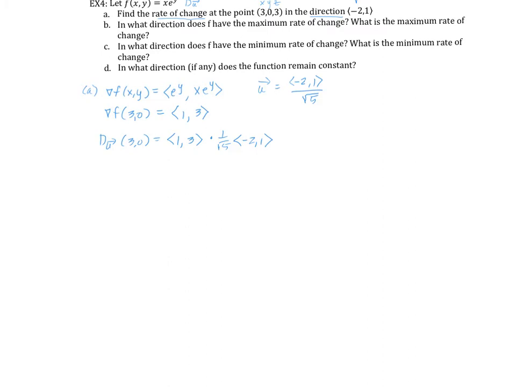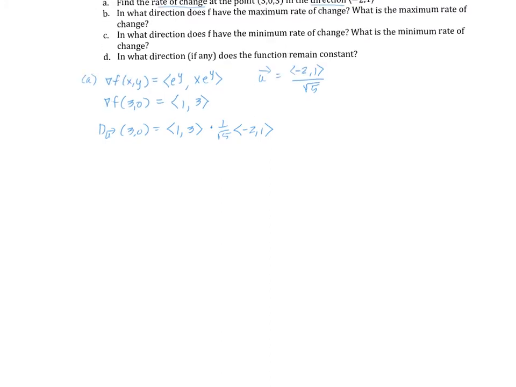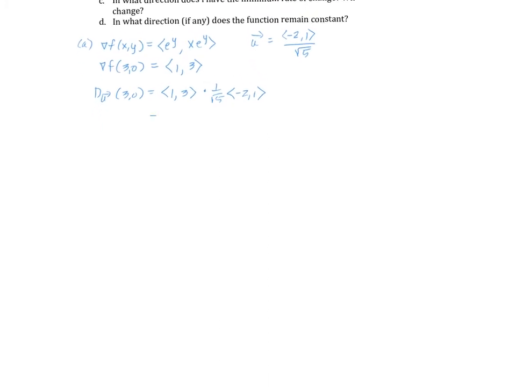So I'm just going to dot the vectors and I'll multiply it by the 1 over the square root of 5 later. So it looks like it's going to be -2 plus 3, which is just 1. This is simply equal to 1 over the square root of 5.